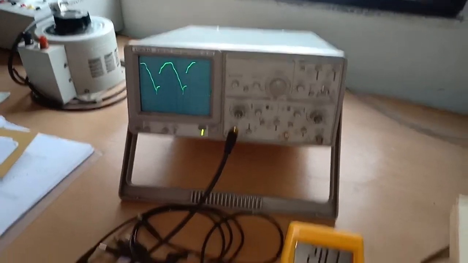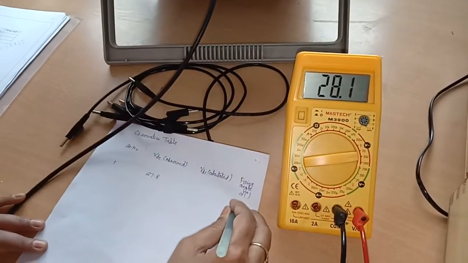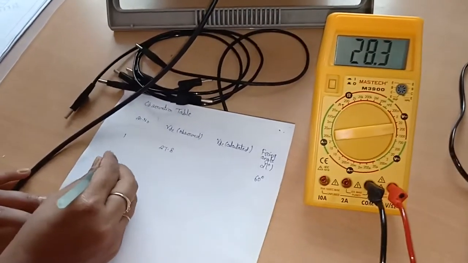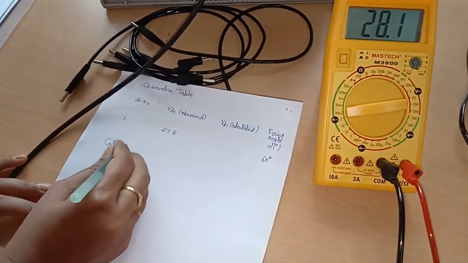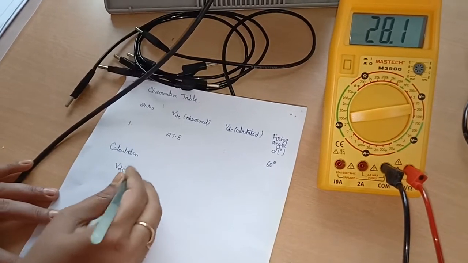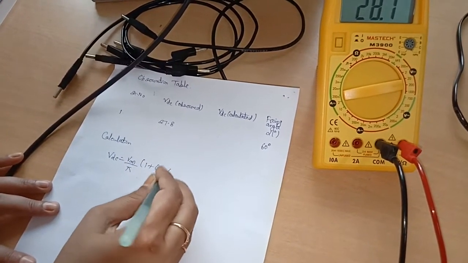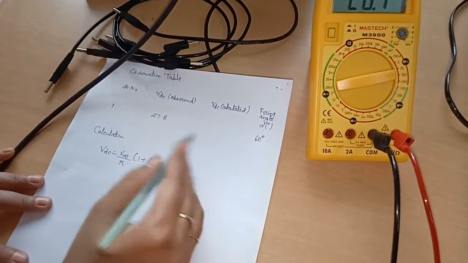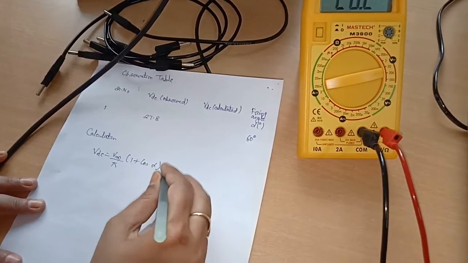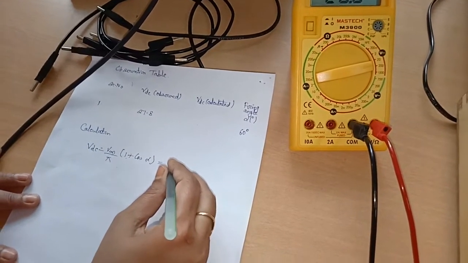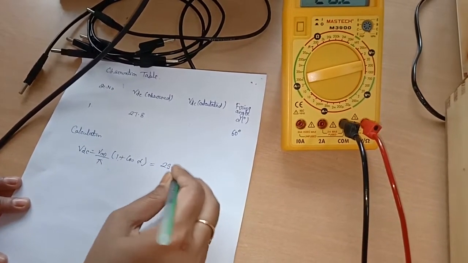Now the calculated firing angle comes out to be 60 degrees, and VDC is calculated using the formula Vm/π (1 + cos α), where α is the firing angle. After putting in all the values, the DC output voltage comes out to be 29.31 volts.